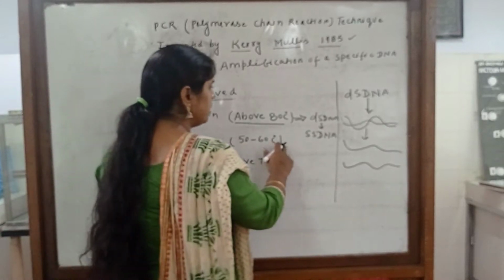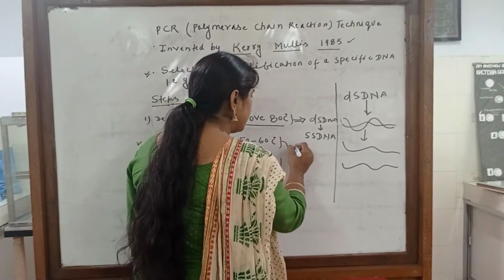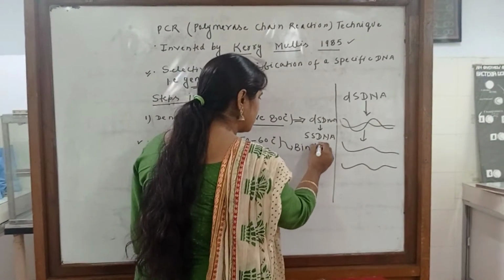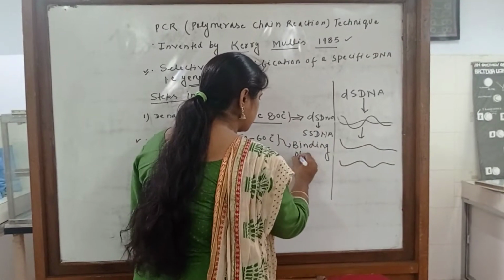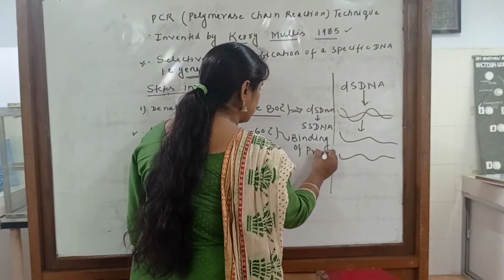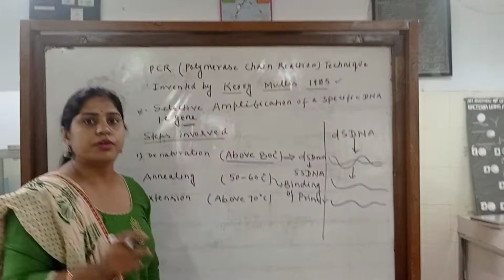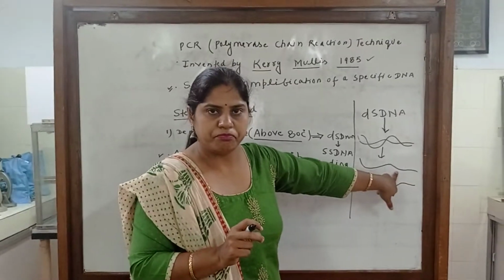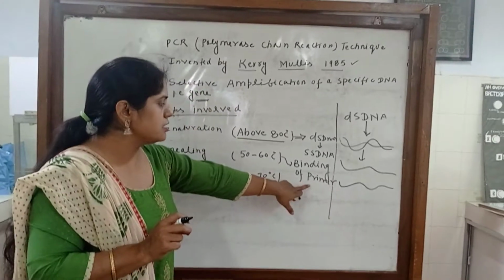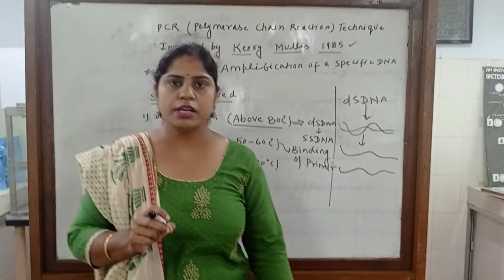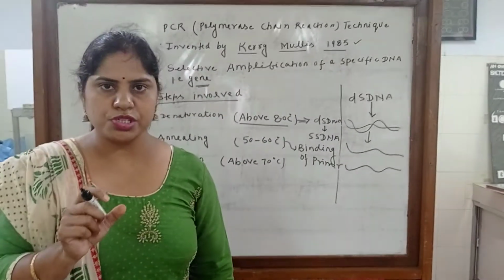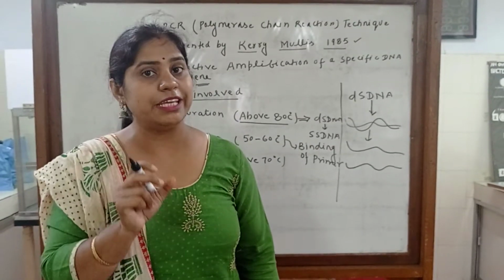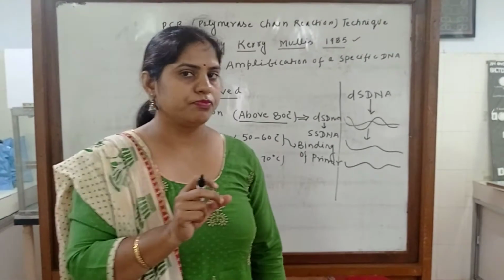Okay. The next step for PCR amplification is annealing. What is annealing? Annealing means binding of primer with the single-stranded DNA. Clear? What is the function of the primer? Primer is used for the initiation of the DNA replication process.